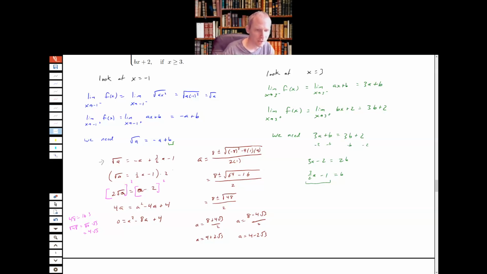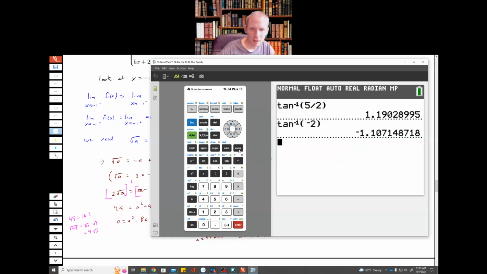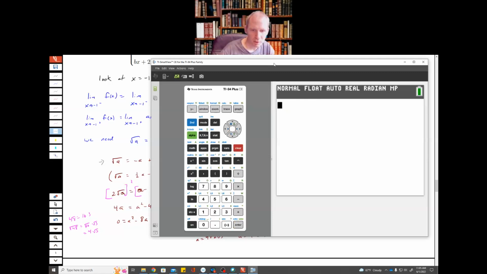And one of the dangers is anytime you square both sides of an equation, you have the possibility of introducing a fake solution. So here, I'll put my calculator up on the screen. If I can find my mouse. Okay. And I'm going to check both of these numbers.